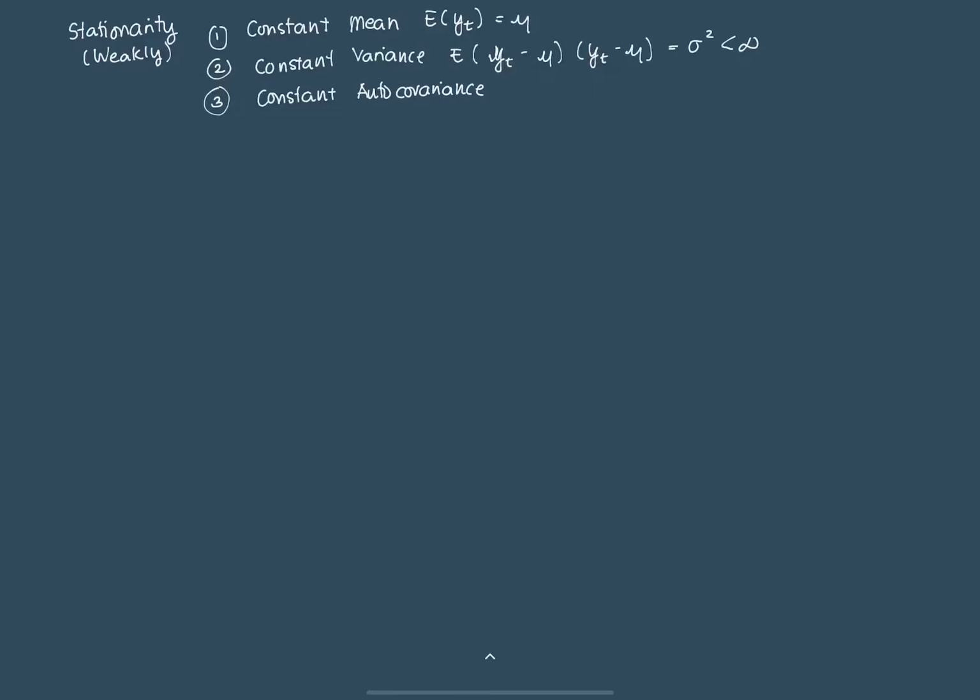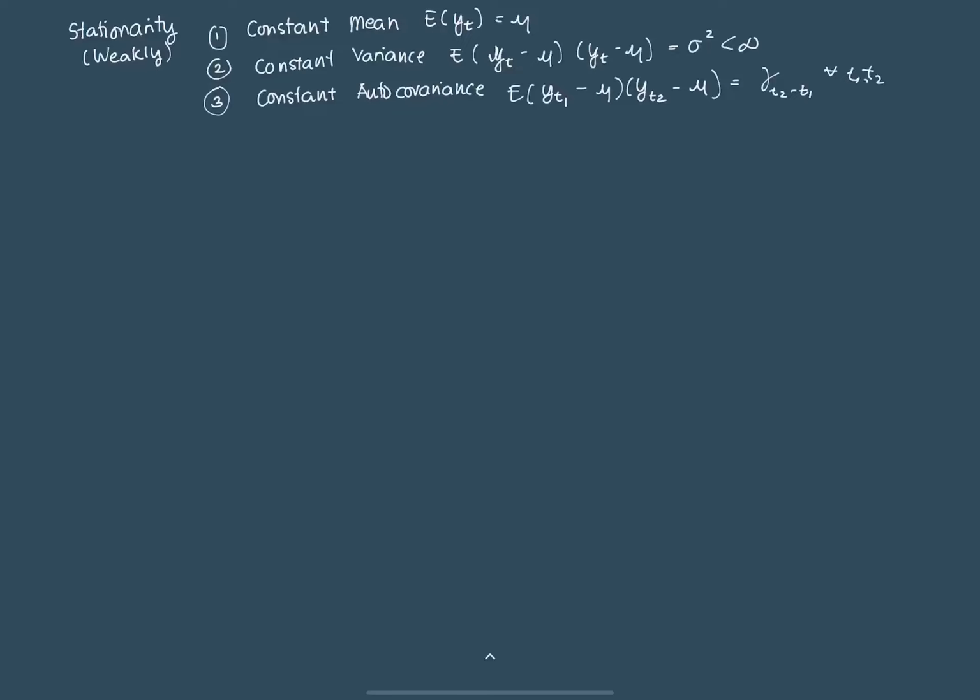And the third assumption is that it has a constant autocovariance. Mathematically, we write this as the expected value of yt1 minus mu, yt2 minus mu, is equal to gamma of t2 minus t1, for all t1, t2. So let's try and break down what that means.